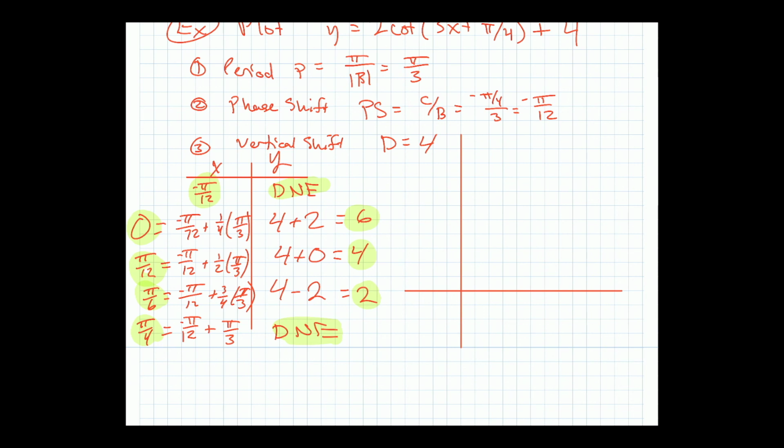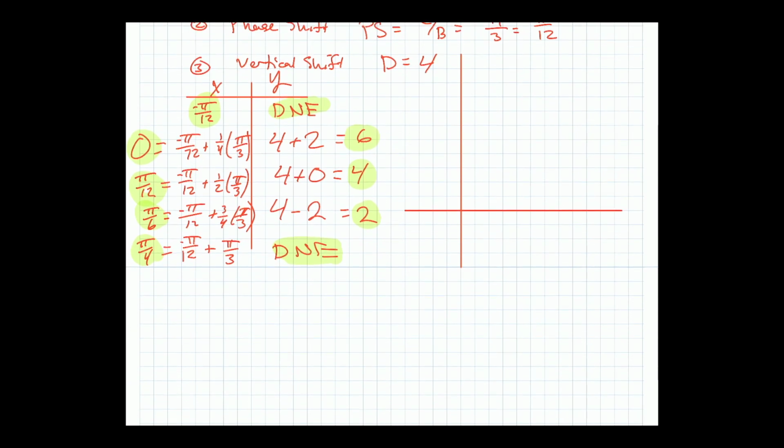Okay, so how would I do this? So let's call this negative pi over 12, and then this would be pi over 12, 2 pi over 12, 3 pi over 12, 4 pi over 12, and so on.